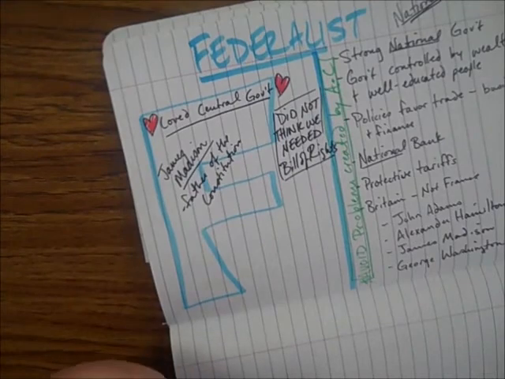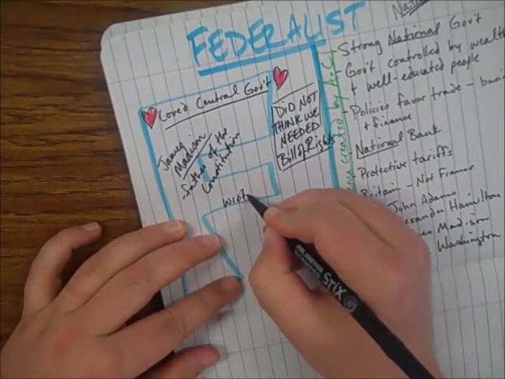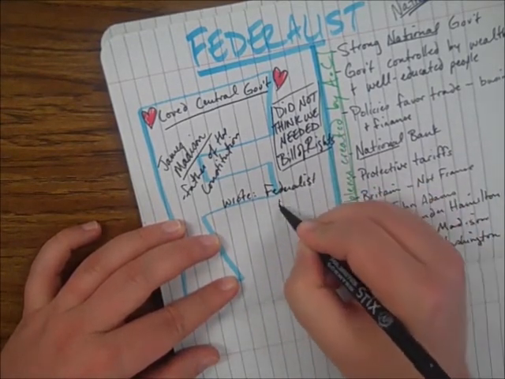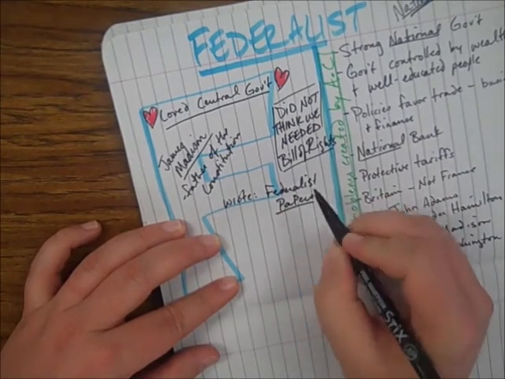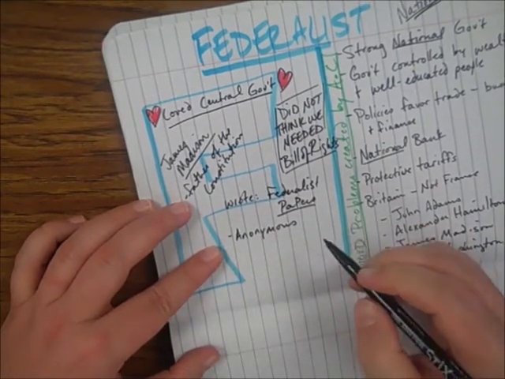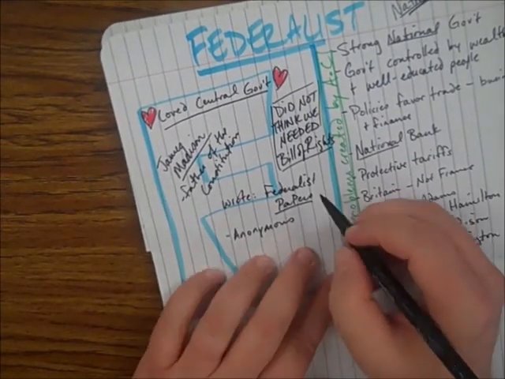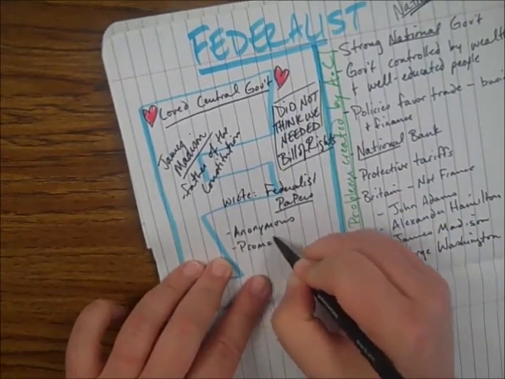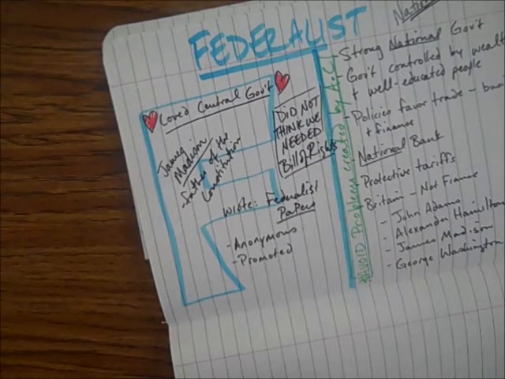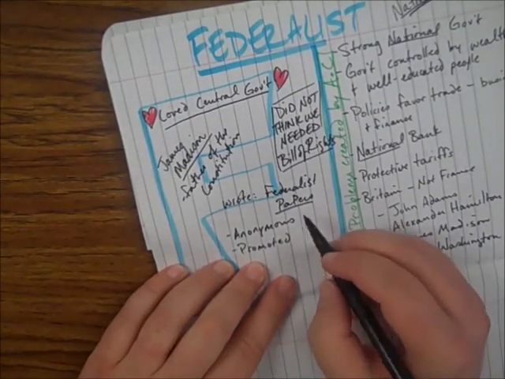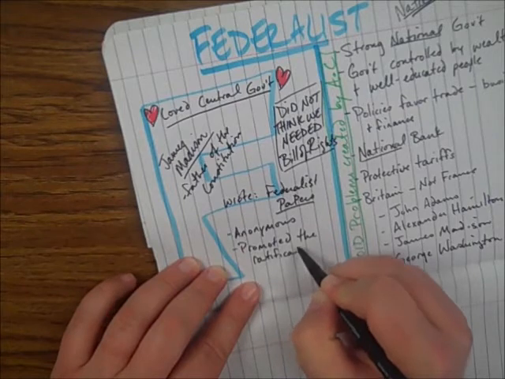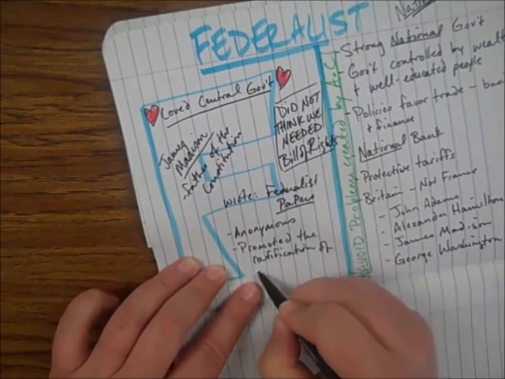James Madison and Alexander Hamilton wrote the Federalist Papers. These were anonymously written, and promoted the ratification of the Constitution.